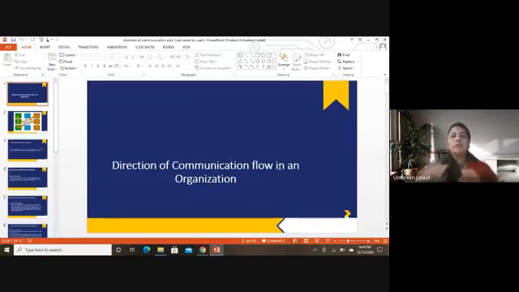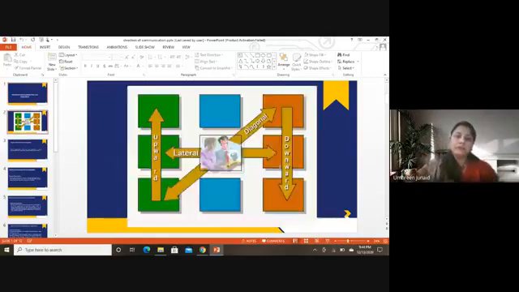And sometimes a person from a lower position, maybe the assistant manager, has to talk to the head of another department. He may talk directly. That is diagonal communication.